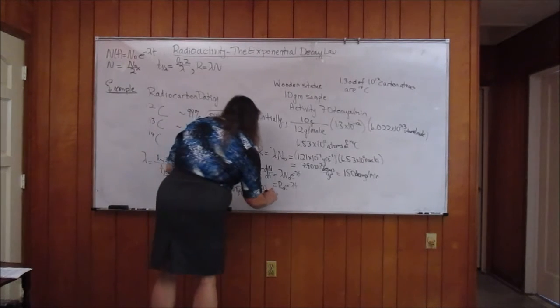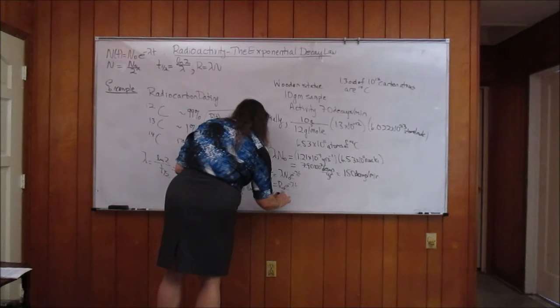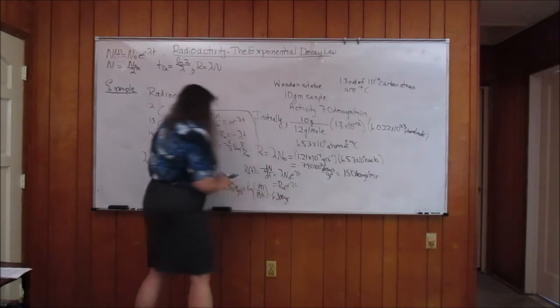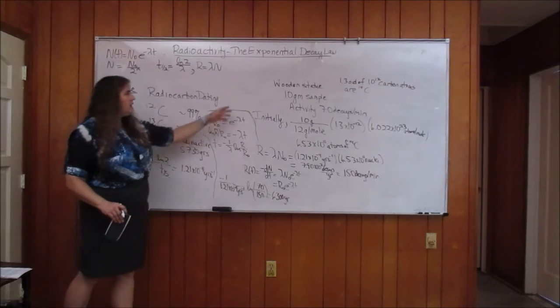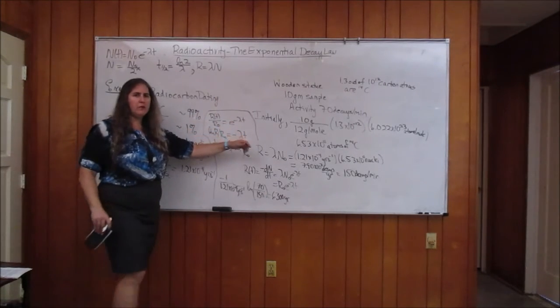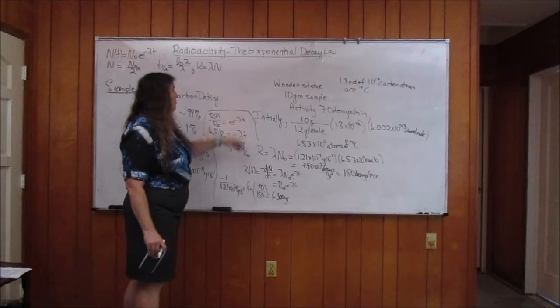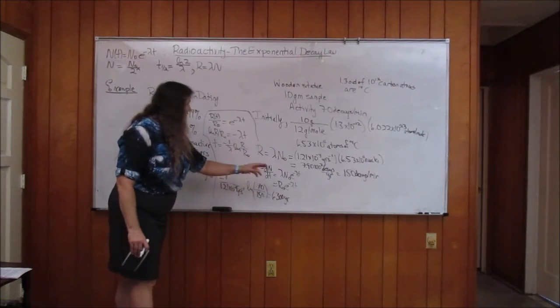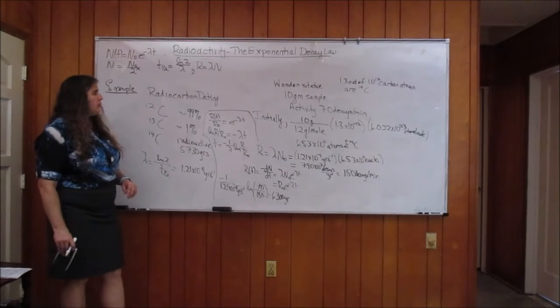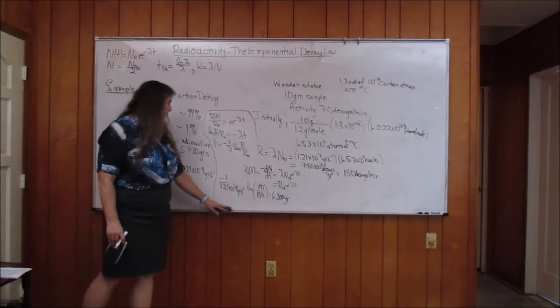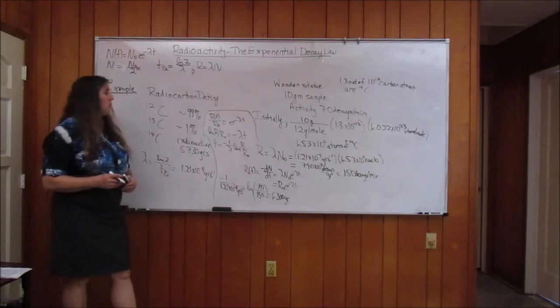And I wind up with a time of roughly 6,300 years. So it's been 6,300 years since our prehistoric craftsman went out into the forest, either cut a tree down or found a tree that was struck by lightning, whatever, carved a nice little statue, and now 6,300 years later, here we are. Here your archaeologist is looking at the statue. So that is how you do radiocarbon dating.